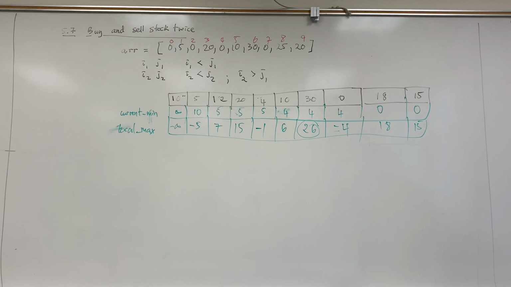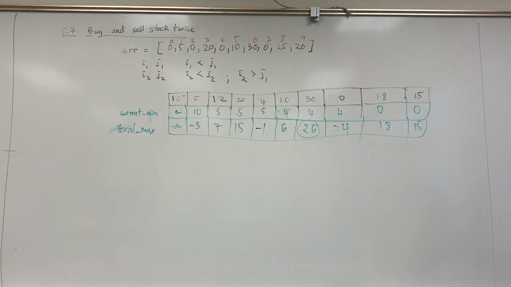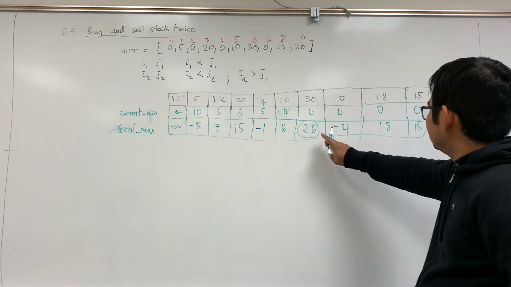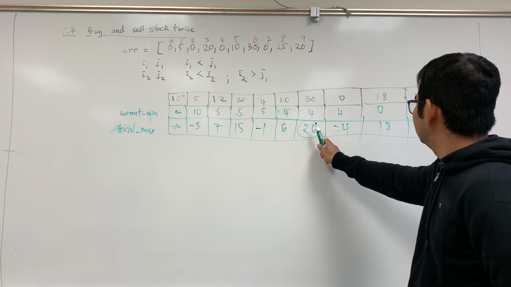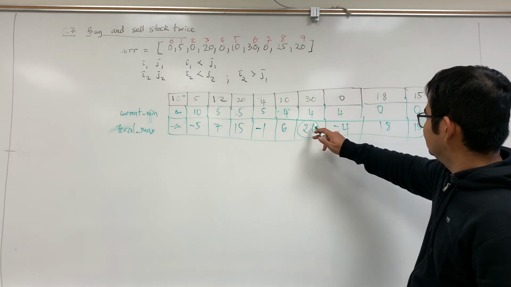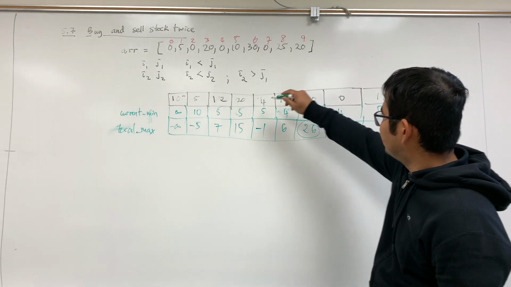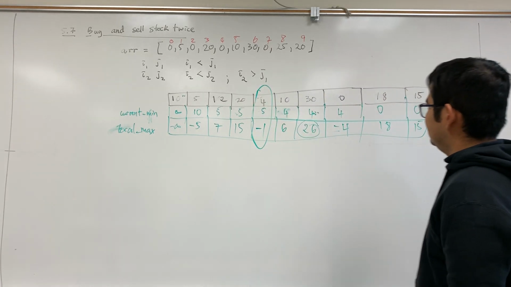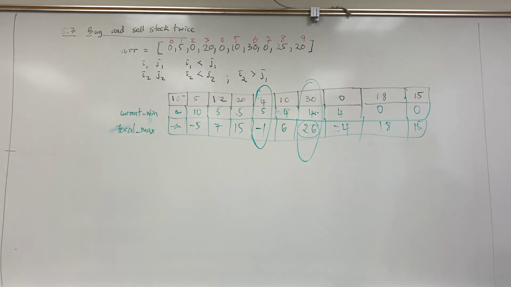But since this question asks us to figure out buying and selling stock twice, for this case, right here, our minimum at this point is 4, because we buy right here and then we sell right here, right?